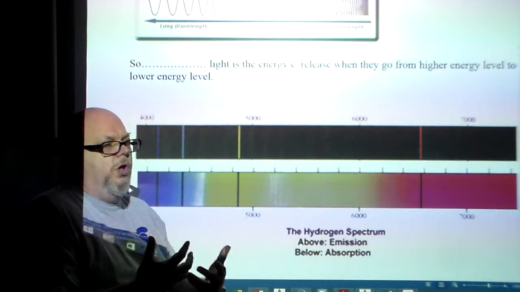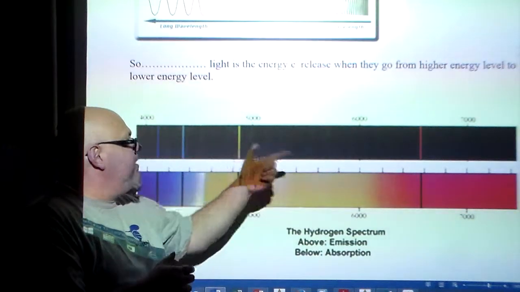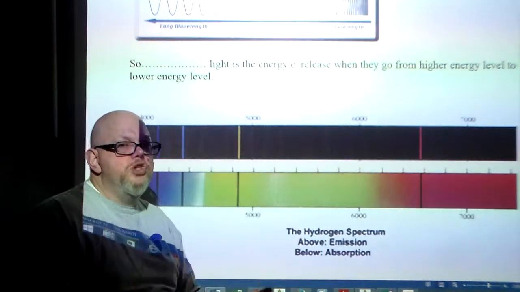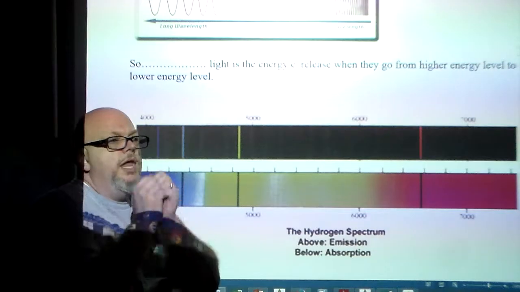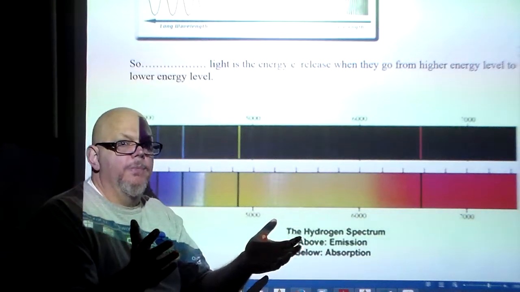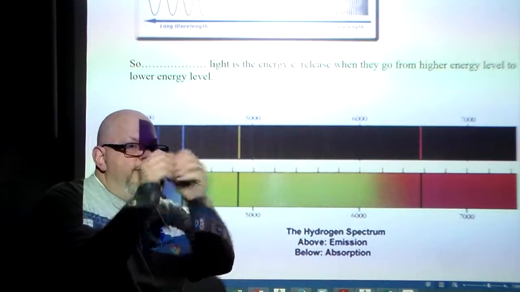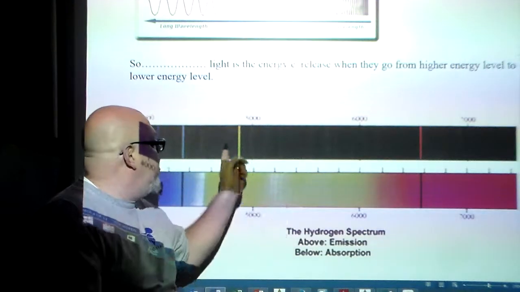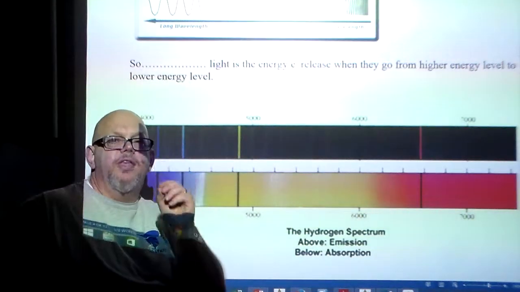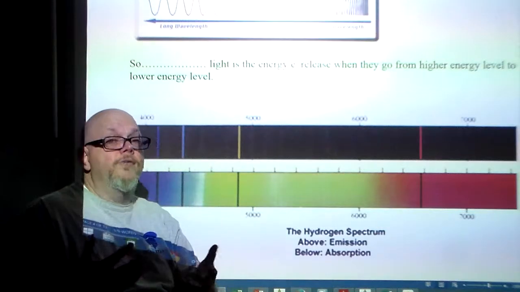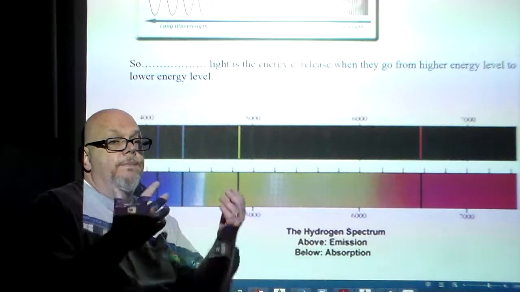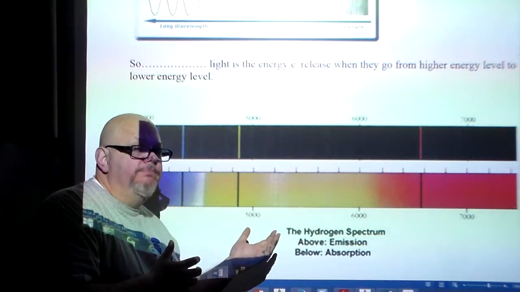They're called emission lines. Emission means you're giving off something. That's the key thing. The only way we can detect these is that the electrons are giving off energy and we're able to pick it up.